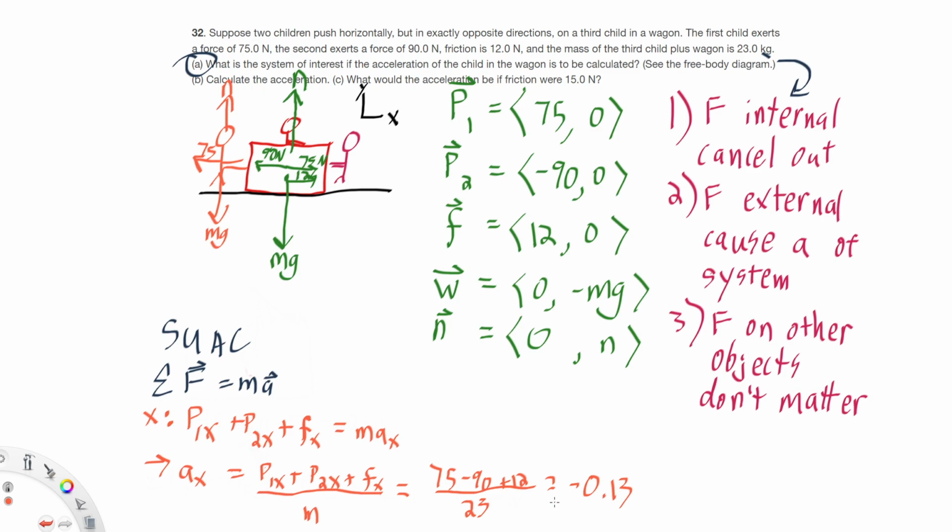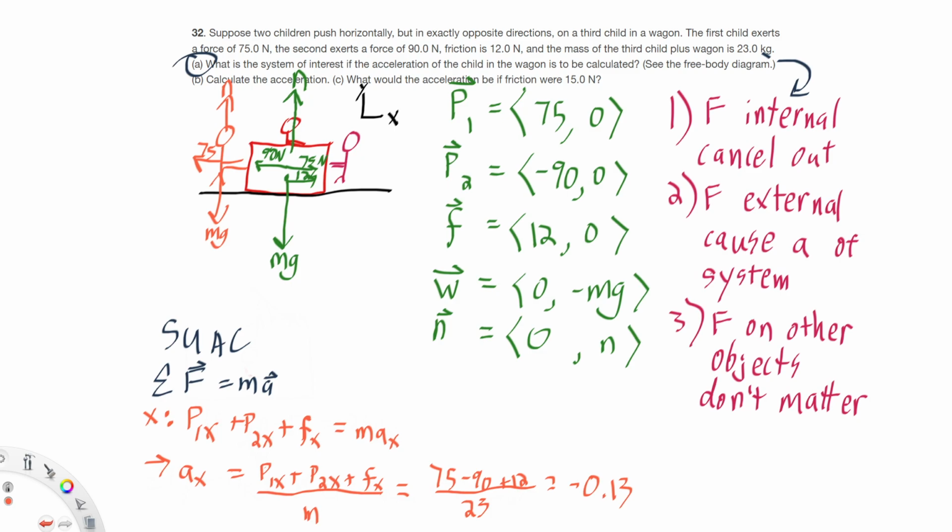Now when we came down to it, if I had gotten a positive number here for acceleration, I would have said, oh, whoops. If this thing is actually moving to the right, that means friction's not going to the right at all. So I would need to go back and correct that assumption. Does that answer your question, Eric?